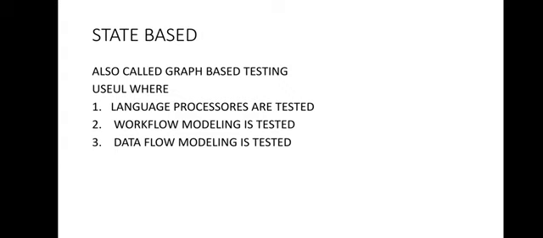It is also useful when we are modeling workflows and data flows. The states from one point to another can be easily judged by this kind of testing. So graph-based testing methods are applicable to generate test cases for state machines, language processors, workflows, transition flows, and data flows.